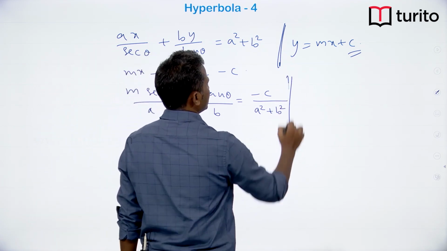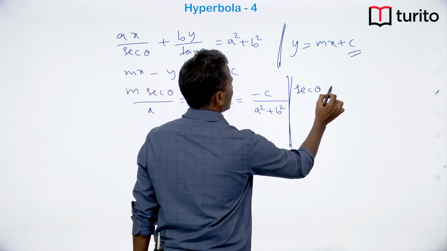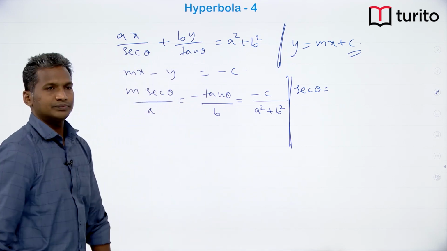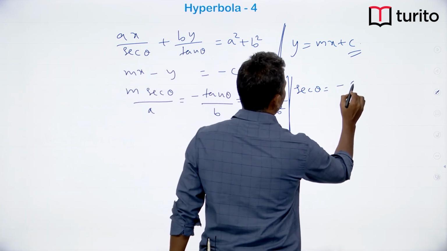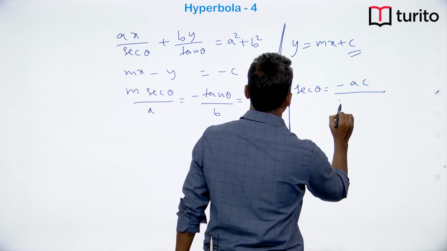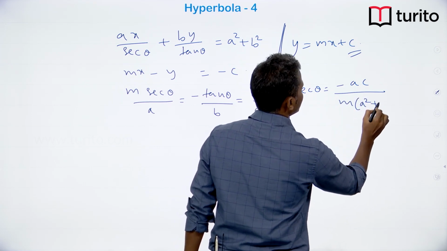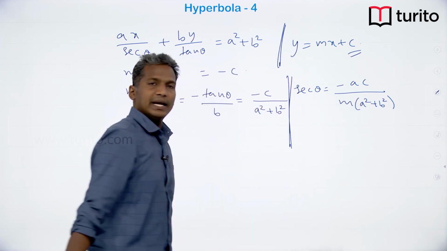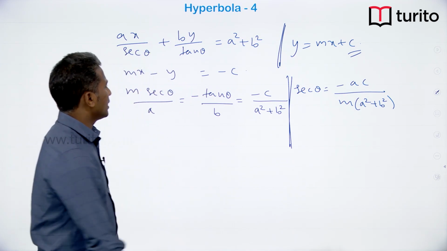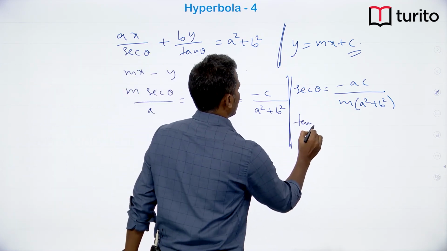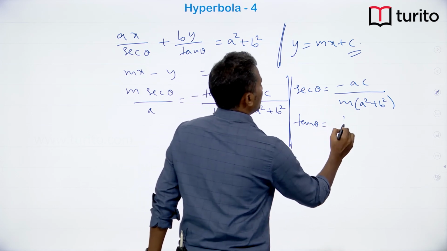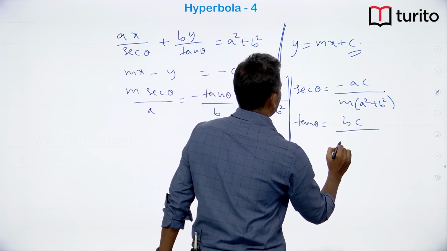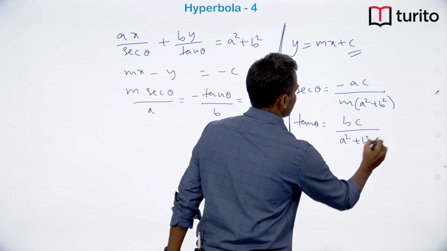So, let me just get sec theta and tan theta from here. Sec theta will become minus ac by m into a square plus b square. Again, tan theta will become bc by a square plus b square.